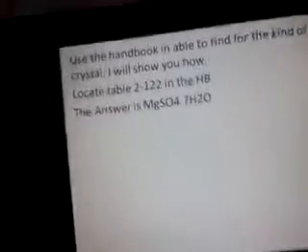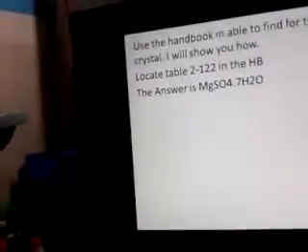The given is MgSO4. So first, locate the MgSO4 in the solubility. It's right about here in this diagram. I will locate 40 degrees Celsius and search if there is a corresponding solubility.